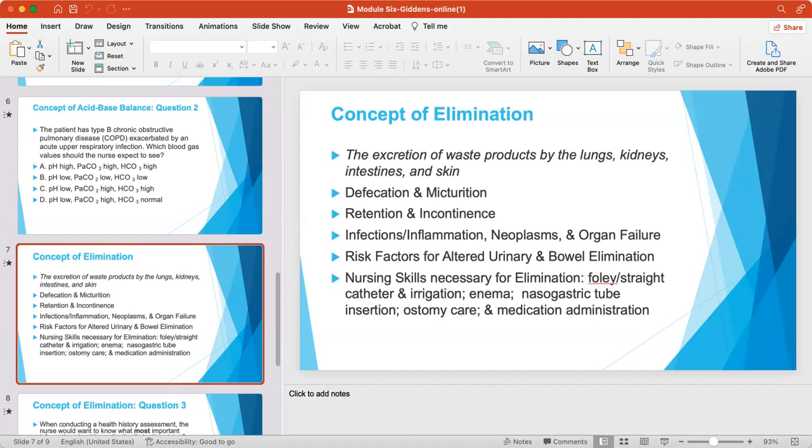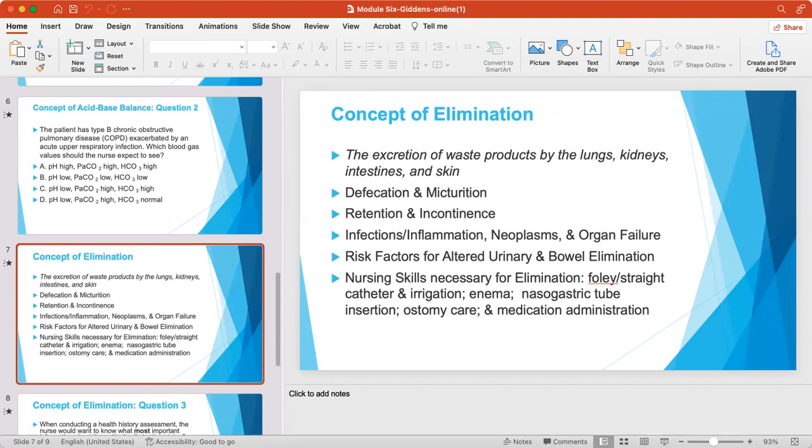There's muscle weakness in women. There are neurological problems, and there are medications that interfere, such as diuretics, which can contribute to the involuntary loss of urine in both men and women.